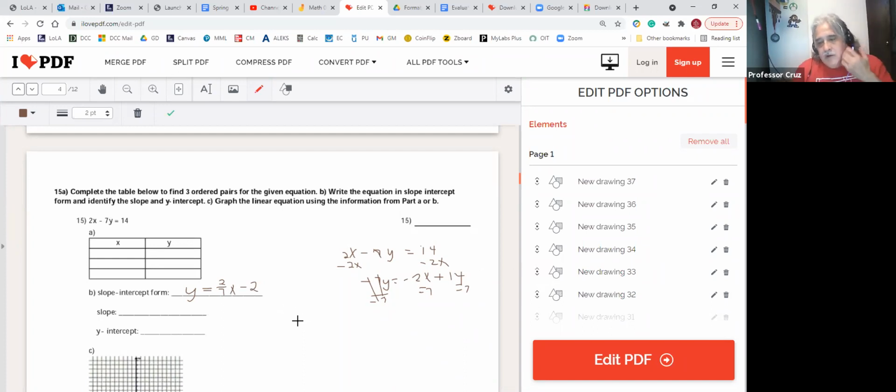All right. So here we got a free point right here, which is 0, -2. Now remember, up at the top, I did the y-intercept and the x-intercept. Well, that's the y-intercept. So for the x-intercept, I'm going to just let y be equal to 0. See, so I've got 2x is equal to 14.